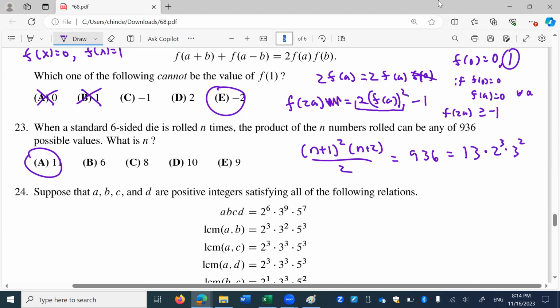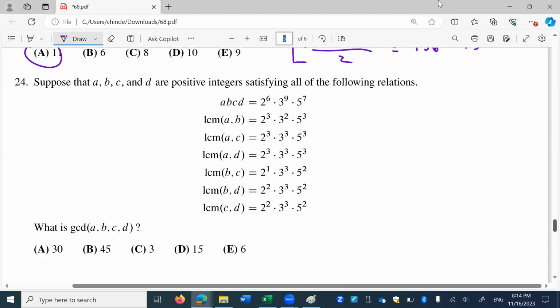Well, looking over here, n has to be either 11 or 12, and 12 is not an option. And if you double check with n equals 11, then yeah, 13 times 12 squared over 2 should be just the right number, right? 12 squared is going to give me 2 3s and 4 2s, but we're going to divide by 2, and it'll be exactly what we want. So I'll go over one way of getting this formula, but I'll do the rest of the contest first.